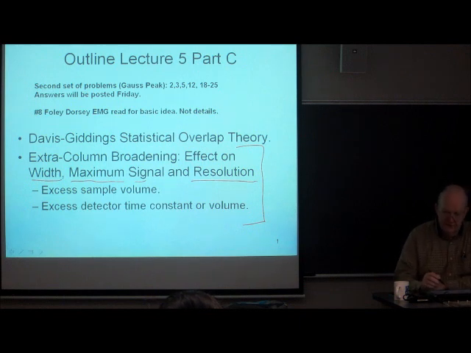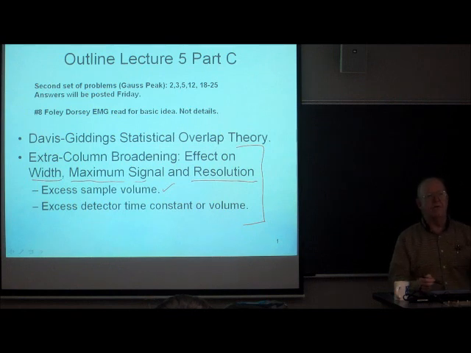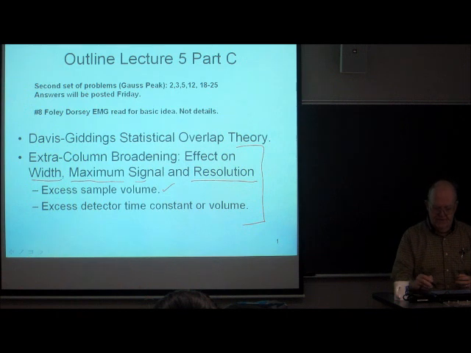It's going to be much worse than what it ought to be. And in particular, we're going to talk about two problems today. We're going to talk about what happens if you inject an excessive volume of sample, and what happens if your detector time constant or the size of the detector is too large.